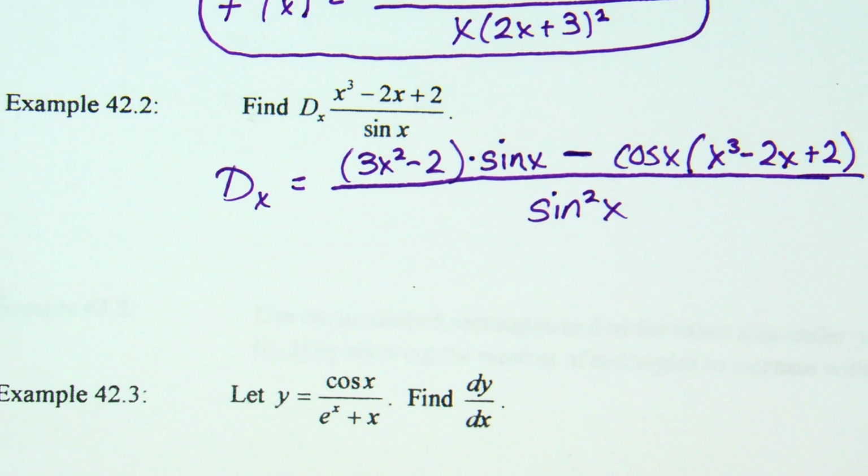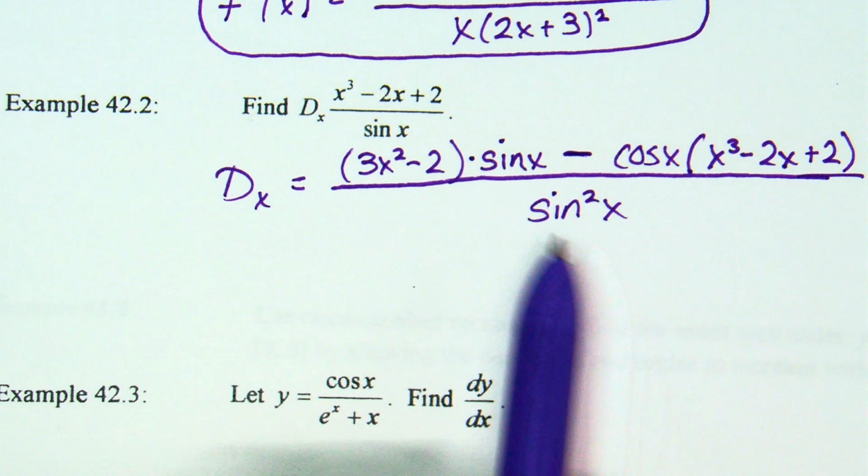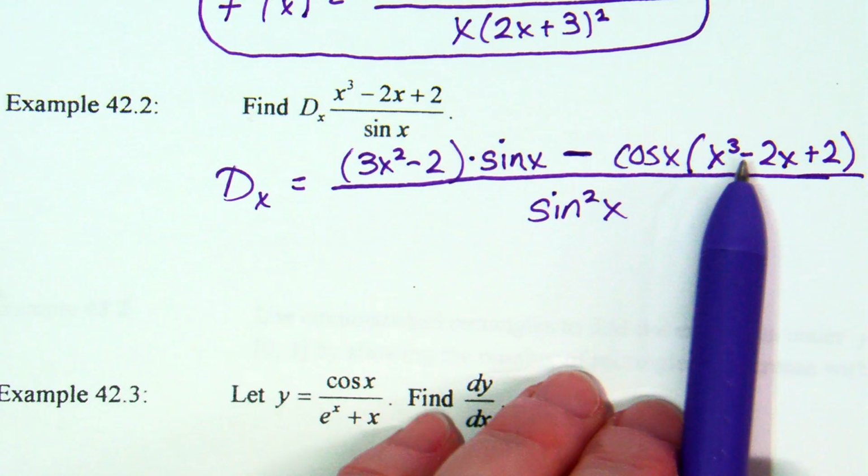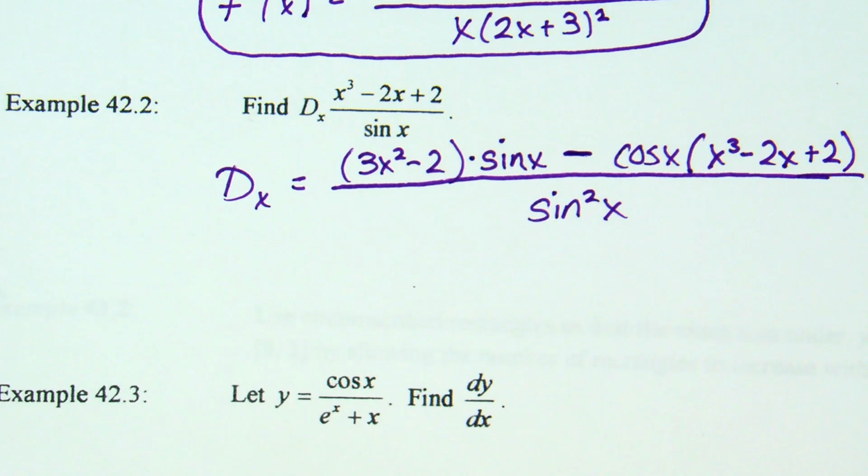Thoughts on cleaning this one up? I mean, there's technically some distributing you could do. You could distribute the sine x into those two terms, distribute the cosine x into those two terms, but does that mean there's going to be anything you can add or subtract?